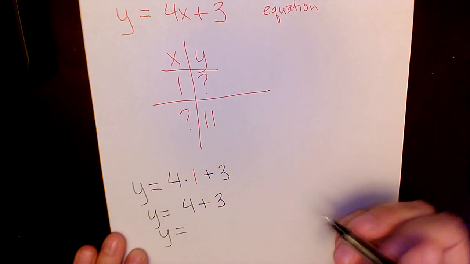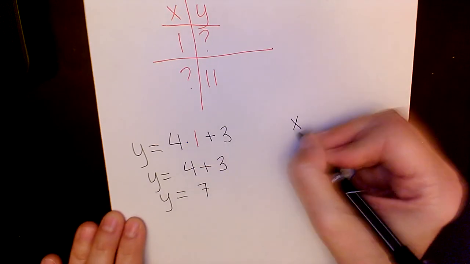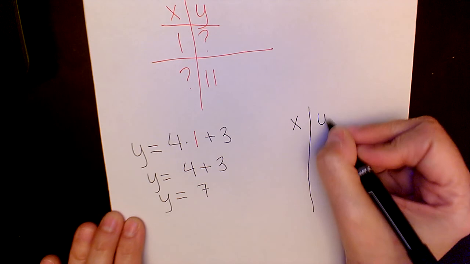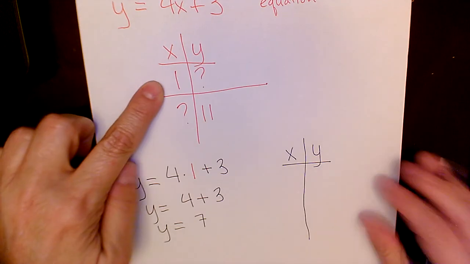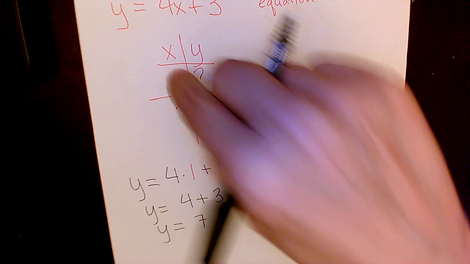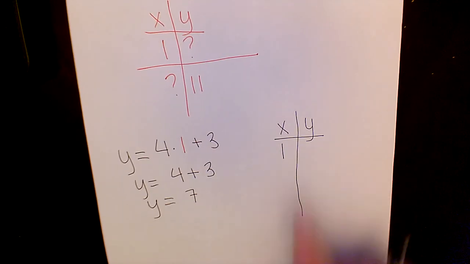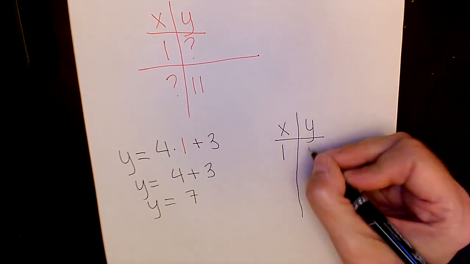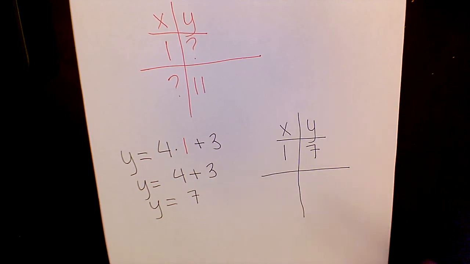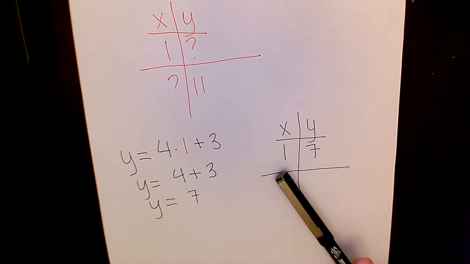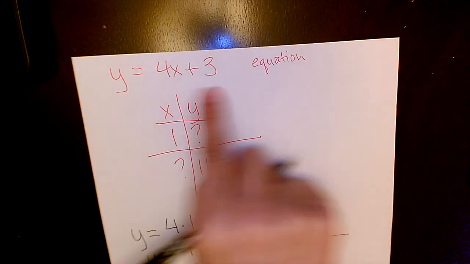And what's 4 plus 3? 4 plus 3 is 7. Whoops. So I'm rewriting this table down here, showing you that when the x-coordinate is 1, the y is 7. So the point is 1, 7. And that does work for this equation.